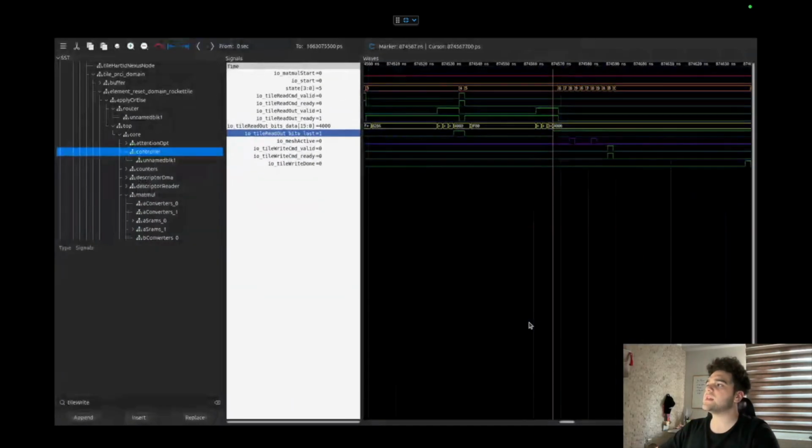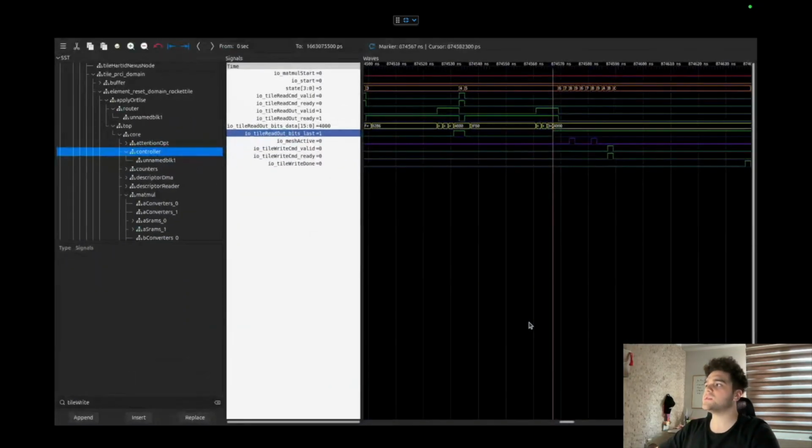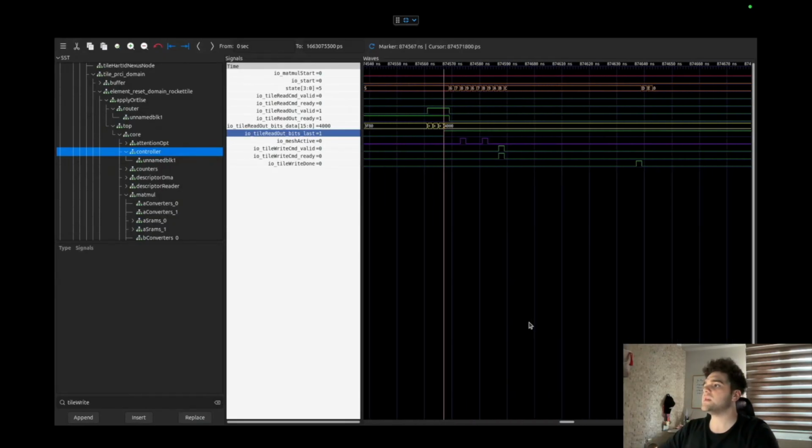And what does the seventh state really mean? Let's see. So 1, 2, 3, 4, 5, 6, 7. We are reading the SRAM, and then we are going to latch these results for computation. You can see that we are doing it here.